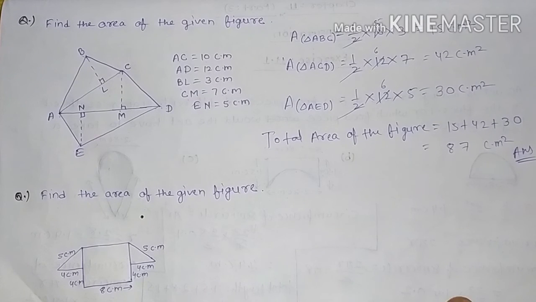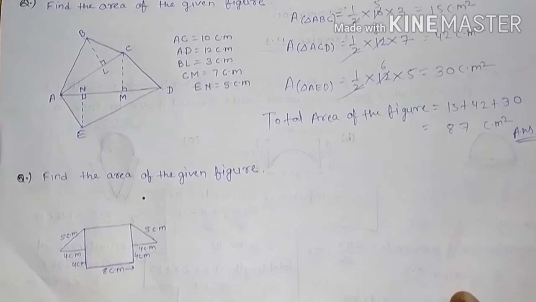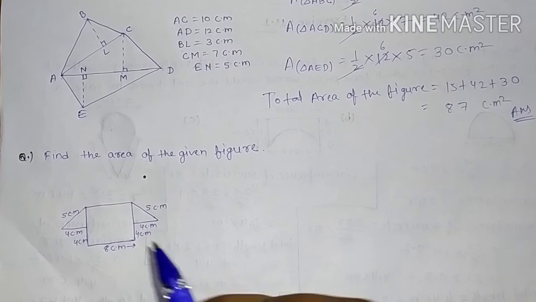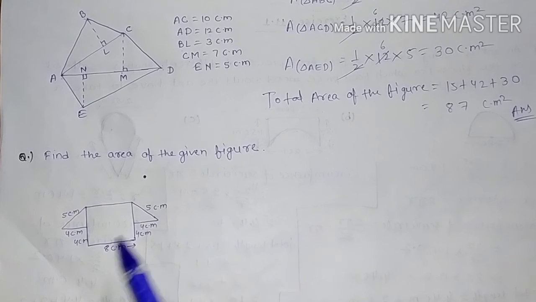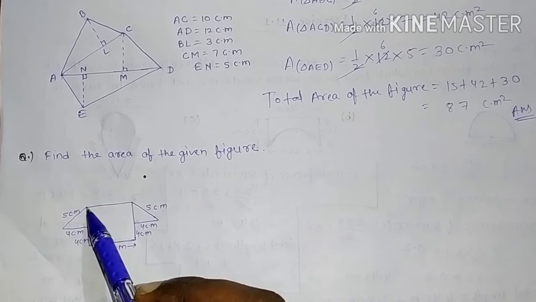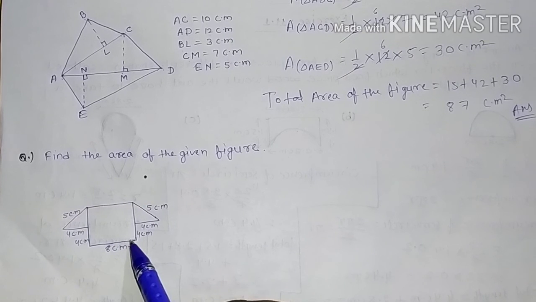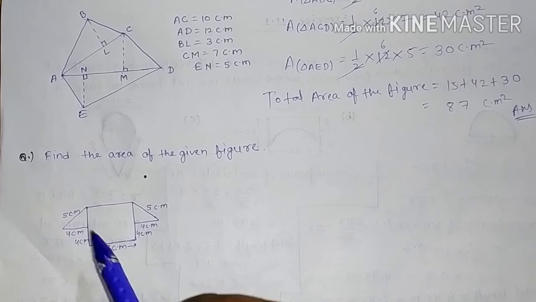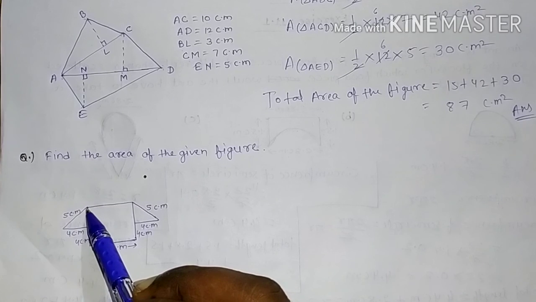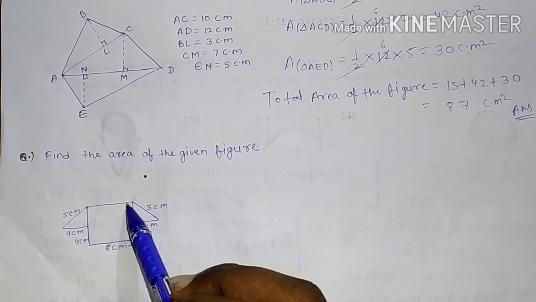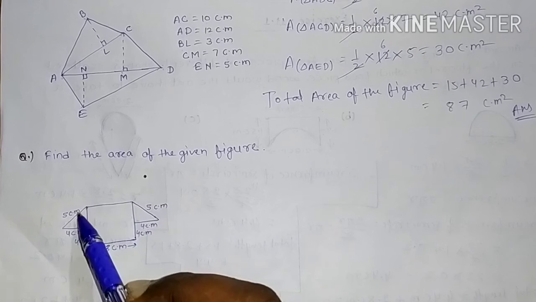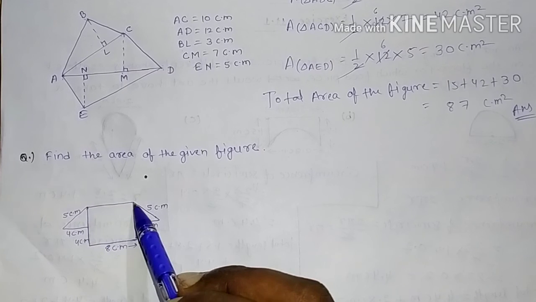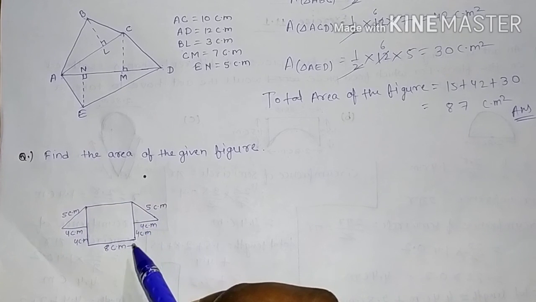Now it's very easy. So the next question: find the area of the given figure. The figure is given. Is this a square? We don't know if this is a square or not. This is a triangle as shown in the figure.